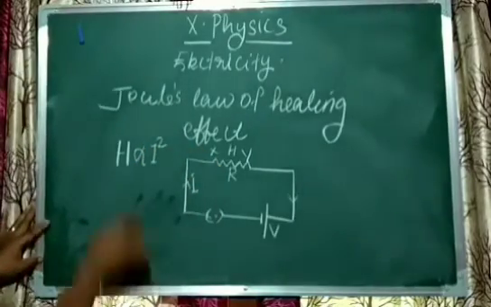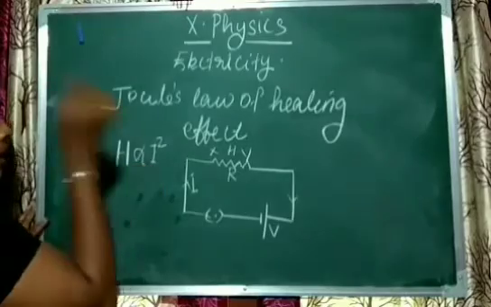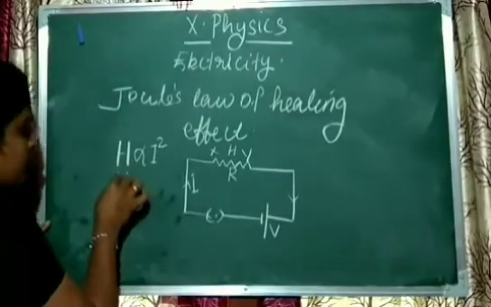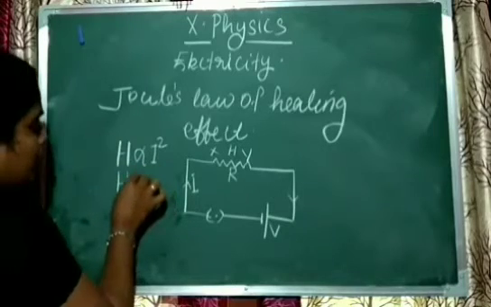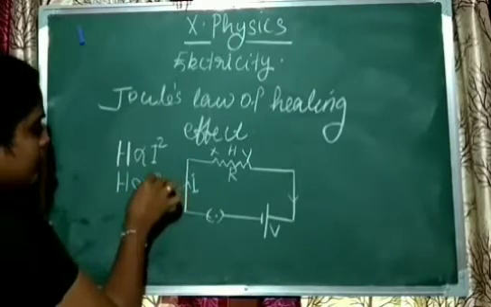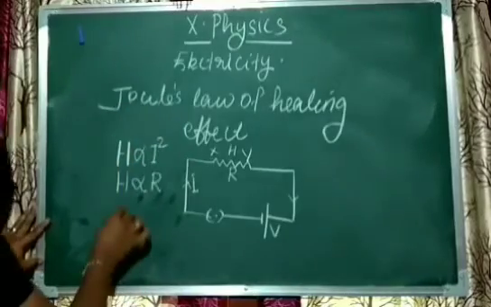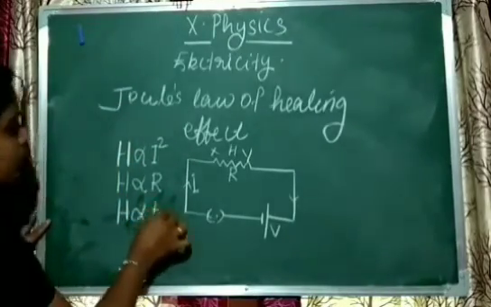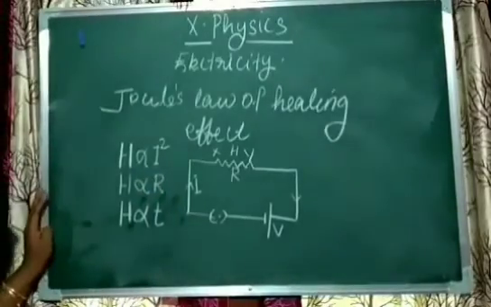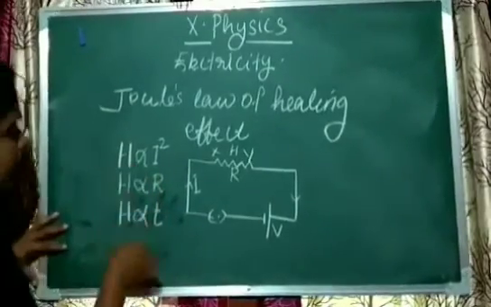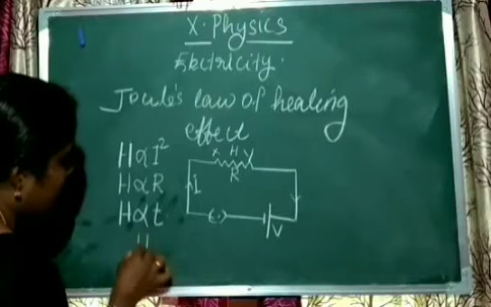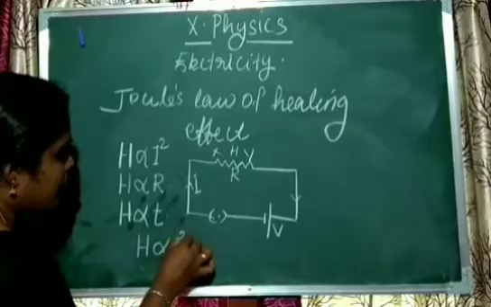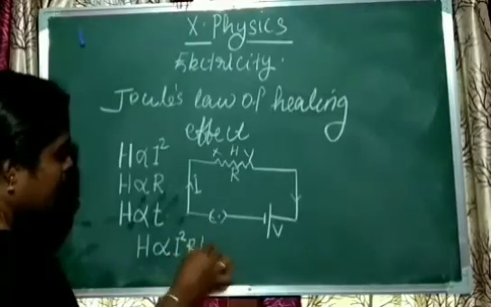That is, H is proportional to I square. Then the heat energy is directly proportional to the resistance of the conductor. Also, it is proportional to the time of passage of electricity. We can combine these three together and write H is proportional to I square RT.